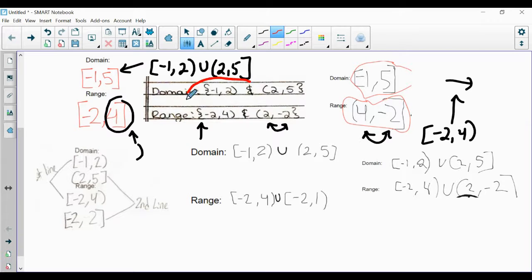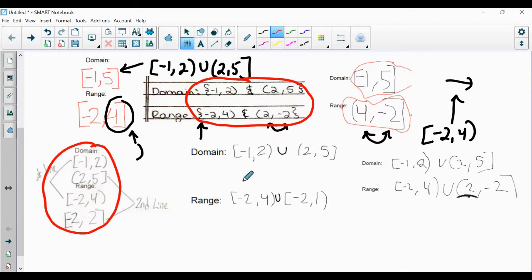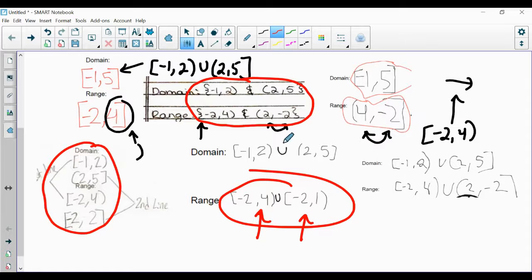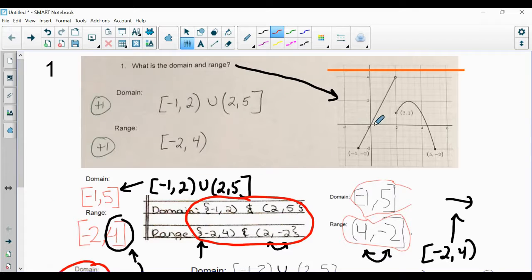A lot of people were treating this like it was 2 separate functions. We put the union in there, but we're treating it like this is the first line and this is the second curve or whatever, where this is one function.